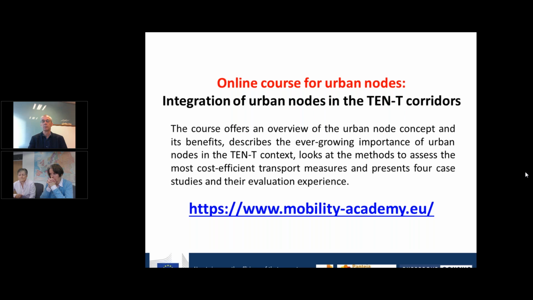I think there are other nodes which are on the comprehensive network, so it's not only a part of the core network, and there might also be very important nodes on the comprehensive network. And to be honest, we only concentrated on the 88.